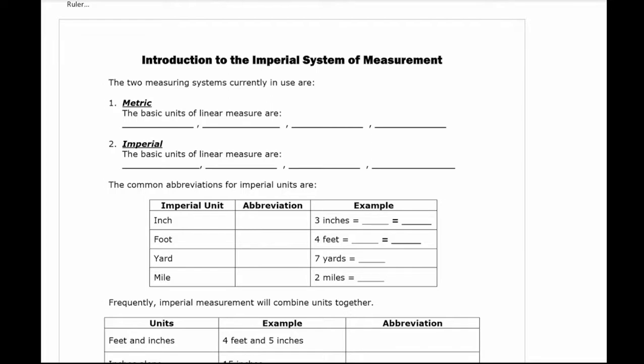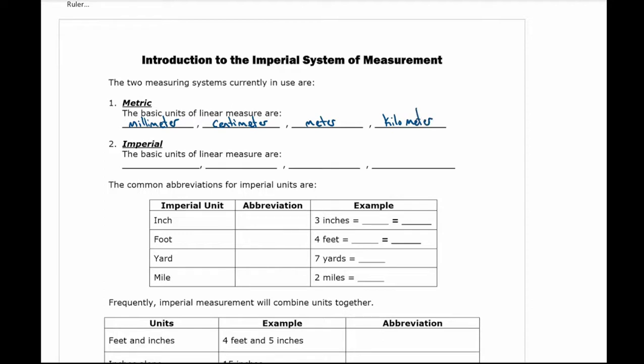So the basic units of linear measure, we would have millimeter, centimeter, meter, kilometer.